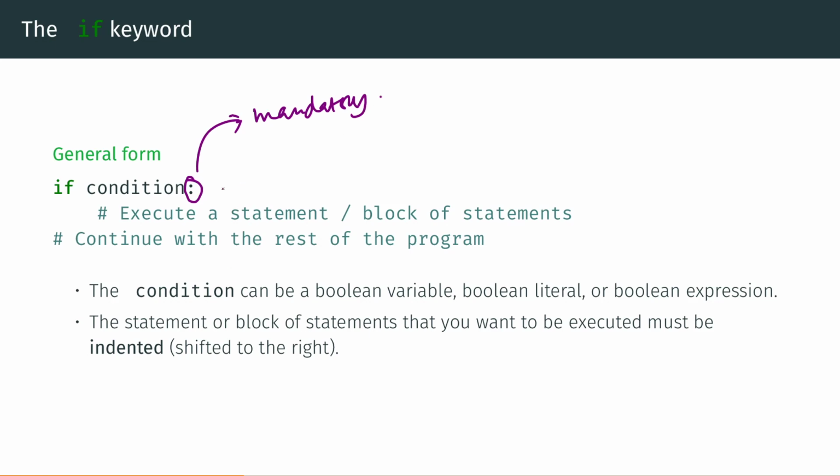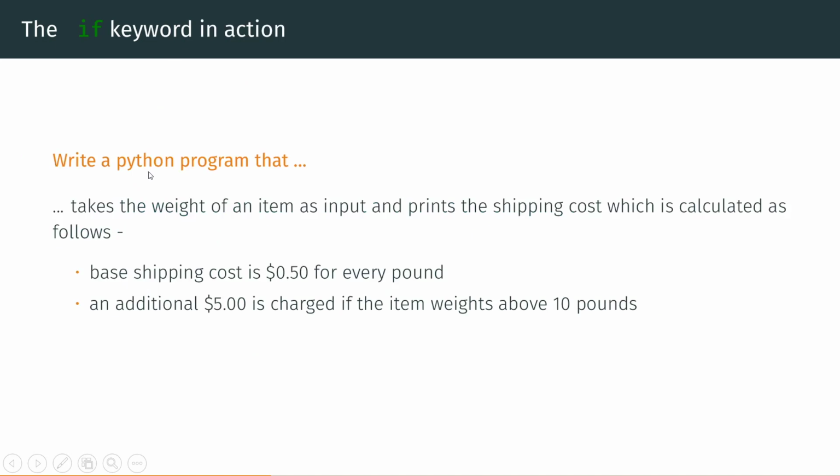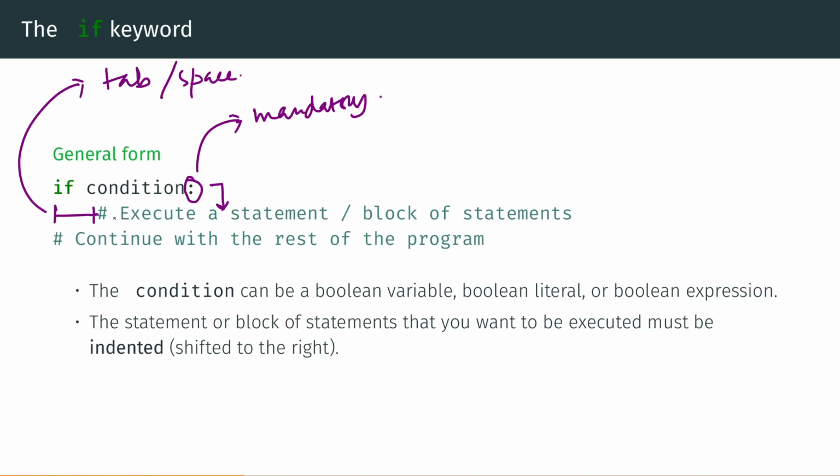Then when you come to the next line, you will hit a tab. This is again mandatory. Tab or even space would do, but generally tab is the preferred option. That's what programmers prefer. So you come to the next line and hit tab once.